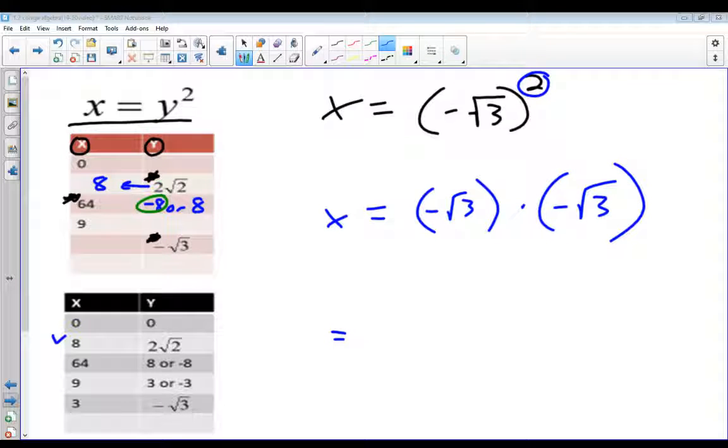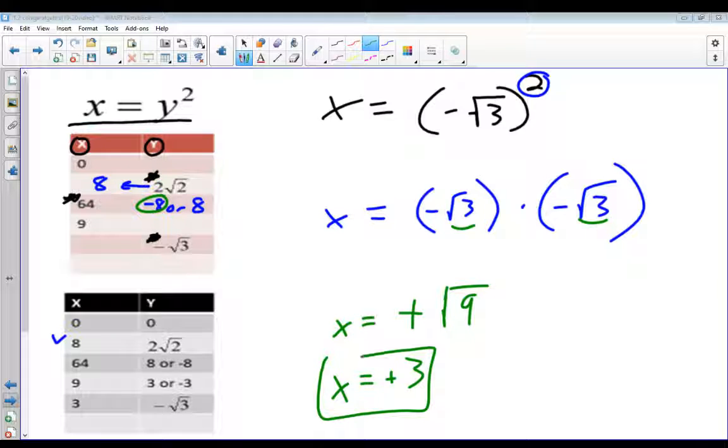So in other words, you're taking a negative times a negative, which, as you guys know, a negative times a negative is a positive. But then if you multiply the two roots, root 3 times root 3 is root 9, which then just simplifies. Root 9 is just positive 3. So positive 3 would be the answer for that.